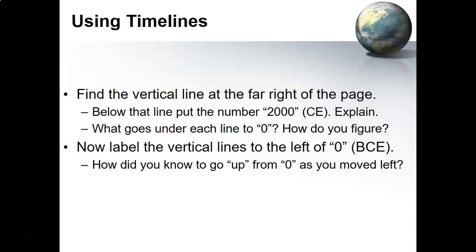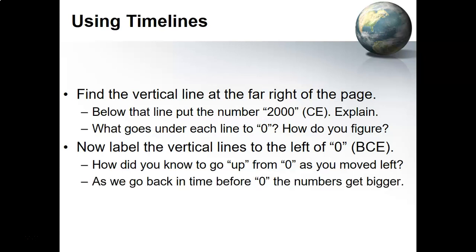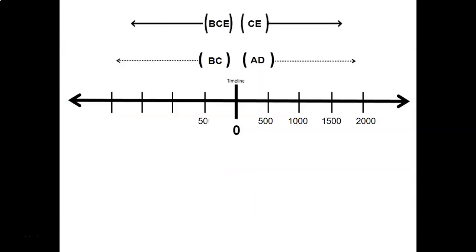If you know every vertical line is a chunk of 500 years, how did you know that you should label them moving progressively from 0 to the left up? In other words, how do you know that the dates get bigger, the numbers of the dates get bigger when you go left?